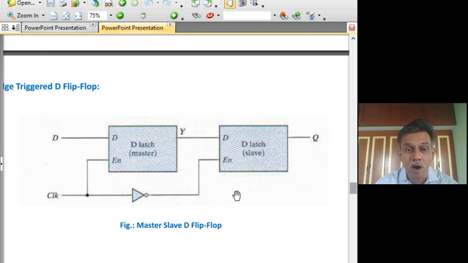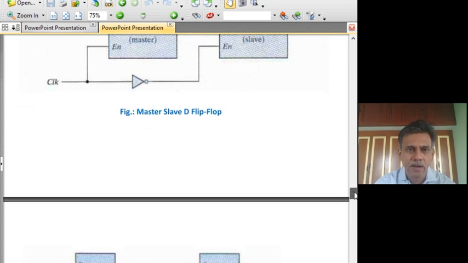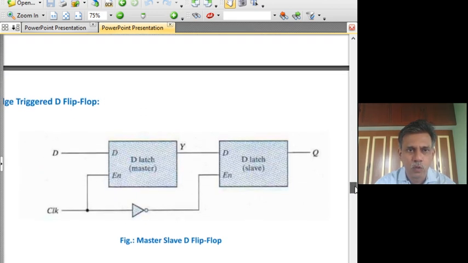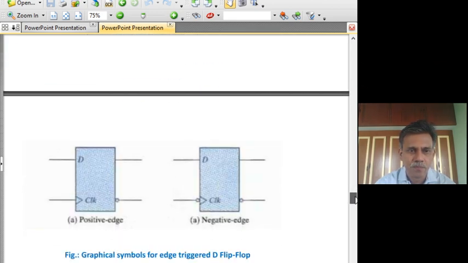The clock will be normally 1 and it will go to 0 for some time, and the positive edge, that is a 0 to 1 transition, will trigger the flip flop. So there can be two kinds of master slave D flip flop constructed using two D latches.